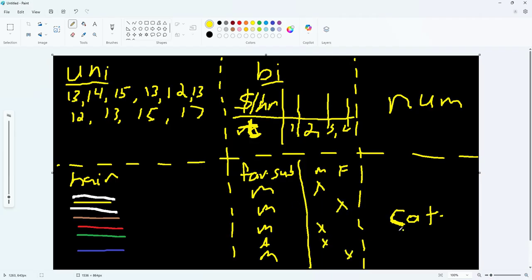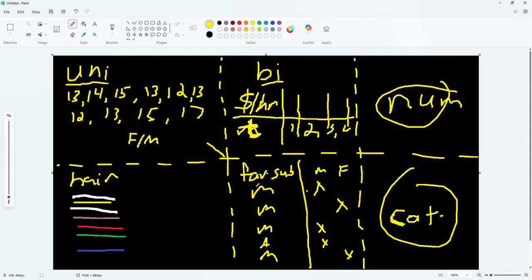That is bivariate categorical data. I can also have a mix of the two, where I ask, what is the average age of females? If I identified male and female in here, that would be both numerical and categorical. So that's that.